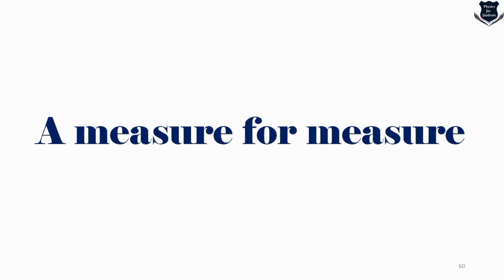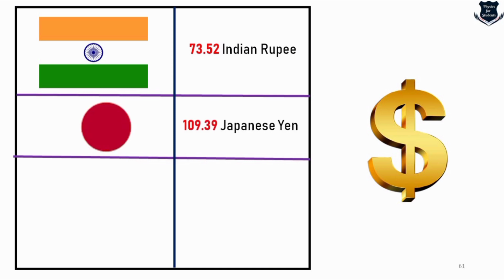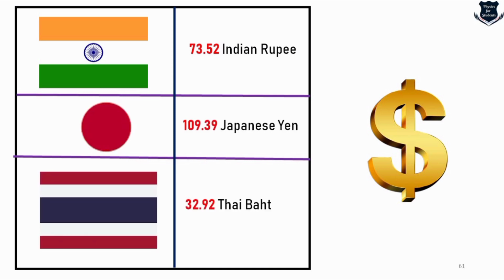This is not Shakespeare's play Measure for Measure. This is just another example to give you a very easy understanding of a metric tensor. Let us assume this dollar to be a kind of currency, a standard. And we have India, which gives a value of 73.52 INR, and then the Japanese yen and the Thai baht.